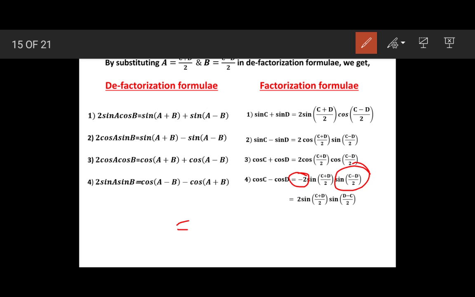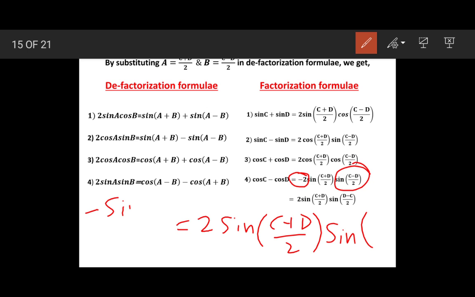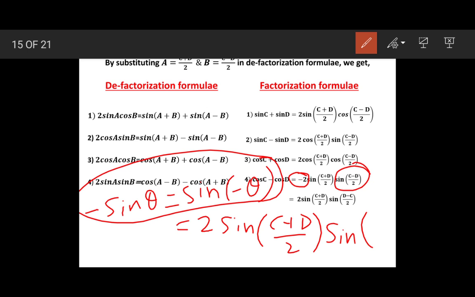That is equal to 2 sin (C plus D) upon 2, and this minus sign will go inside. Why inside? Because minus sin theta is equal to sin minus theta, from the negative angle formula. So I can take this minus sign inside, so that will be sin. Now, when I multiply (C minus D) with minus, what will I get?